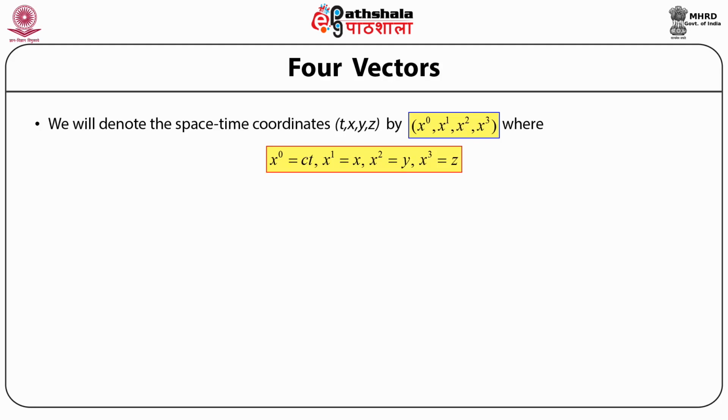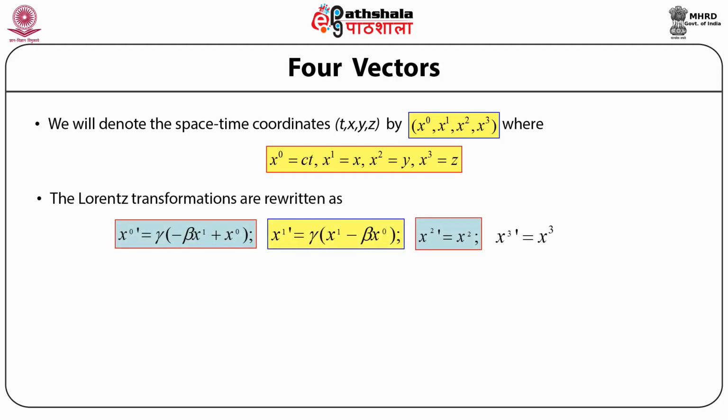And in this new notation, the Lorentz transformations can then be rewritten as x⁰′ = γ(−βx¹ + x⁰), x¹′ = γ(x¹ − βx⁰), x²′ = x², and x³′ = x³.